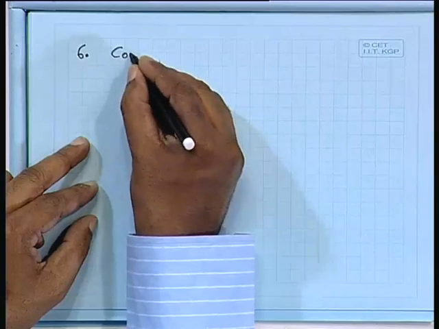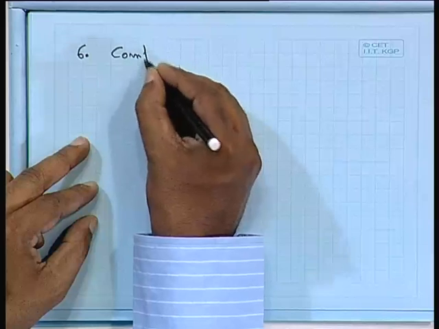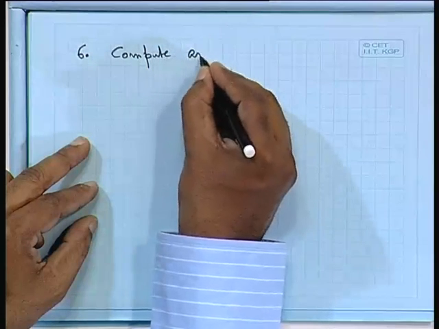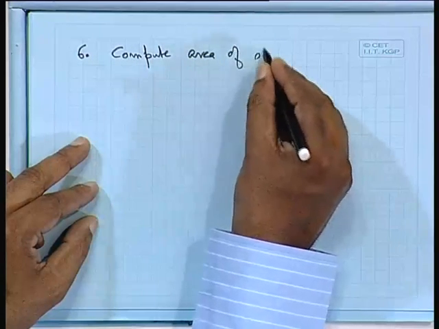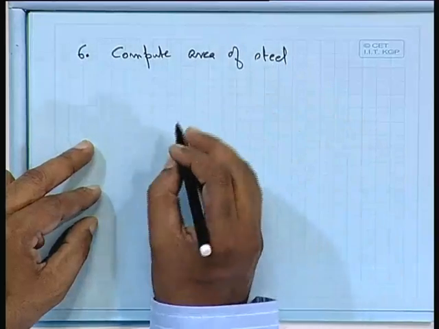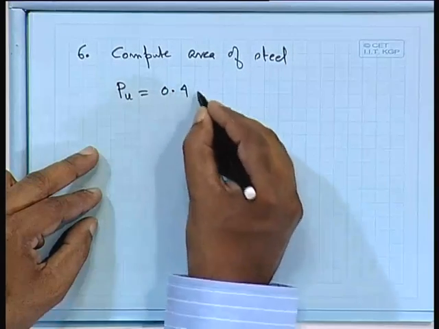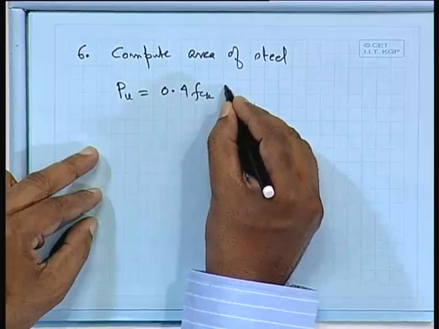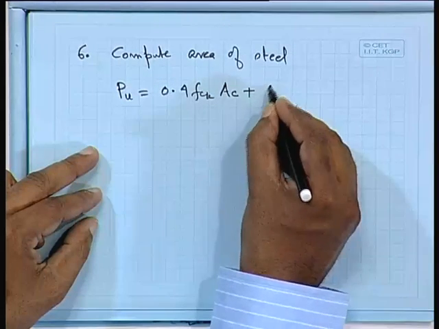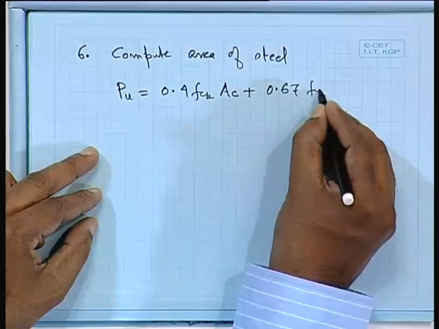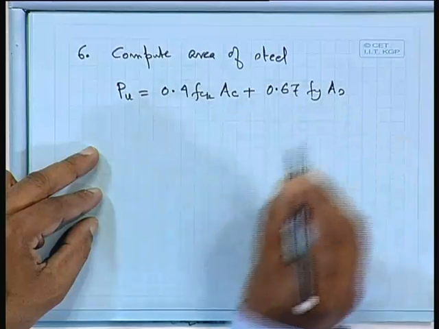Compute area of steel. Pu as per the code is Pu equal to 0.4 fck Ac plus 0.67 fy As.